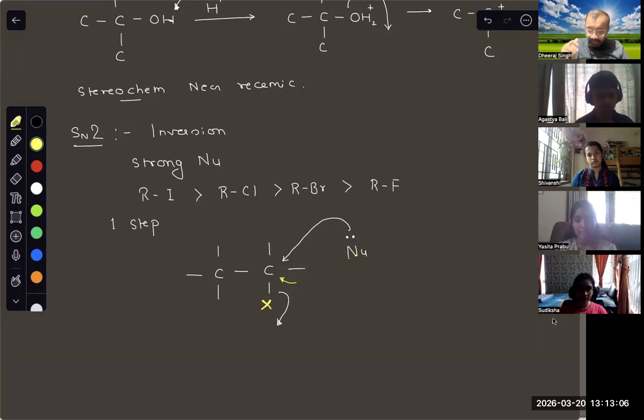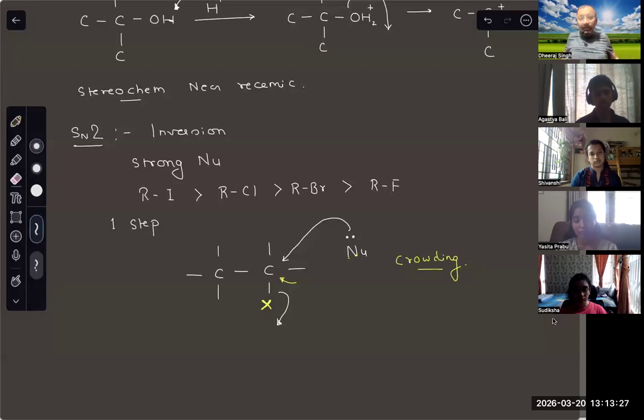So that is why in SN2 inversion happens. The nucleophile will attack from 180 degrees behind wherever the leaving group is. So inversion happens. Now you can see there is a lot of crowding going on, because at the same time the nucleophile is attacking and the leaving group is also there, everything is happening together.